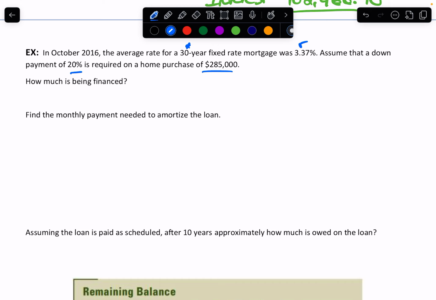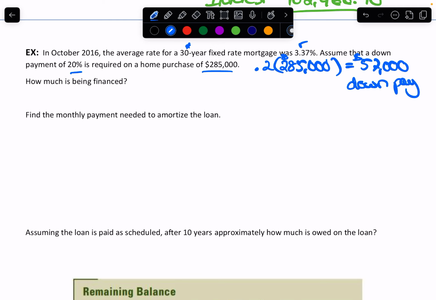Now, the down payment means that 0.2 times $285,000, which comes to $57,000, is the money that is paid at the time of the purchase. So that money is not financed.